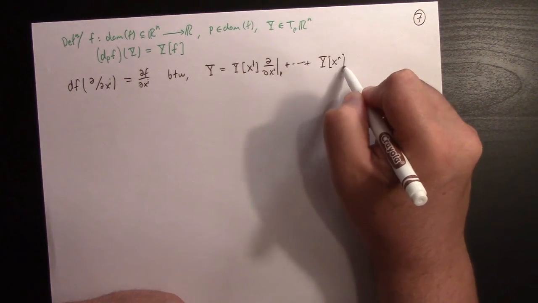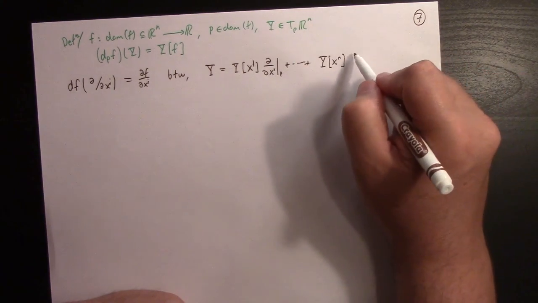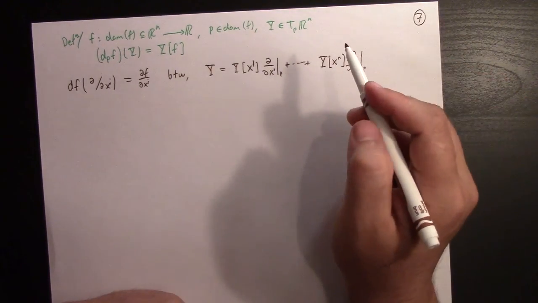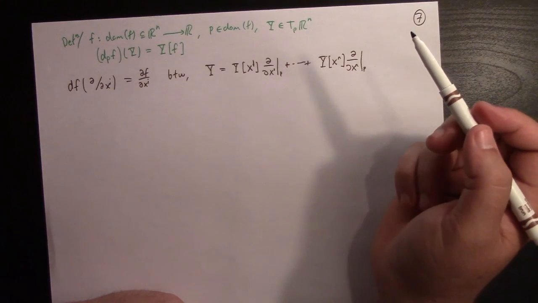You act on the nth coordinate function and then plug in the point P.